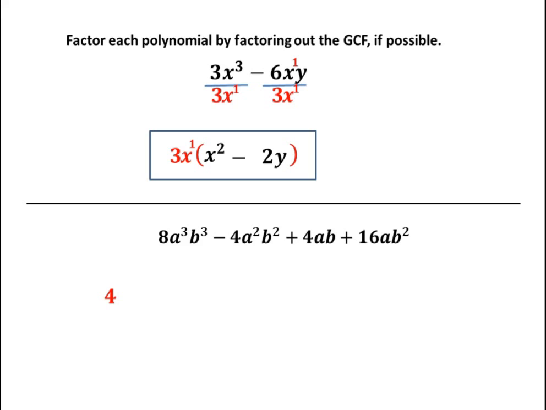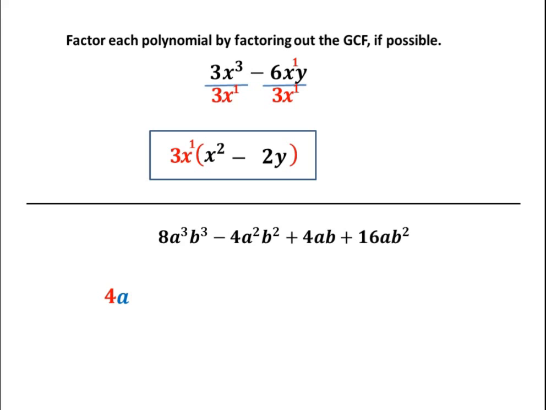All right, let's see what else we have in common. They all have a's. The first term has an a to the third. The second one has an a to the second. The third one has an a with an understood power of 1. Same thing for the last one, an a with an understood power of 1. So for my a's, the greatest common factor is a to the first, the smallest power.